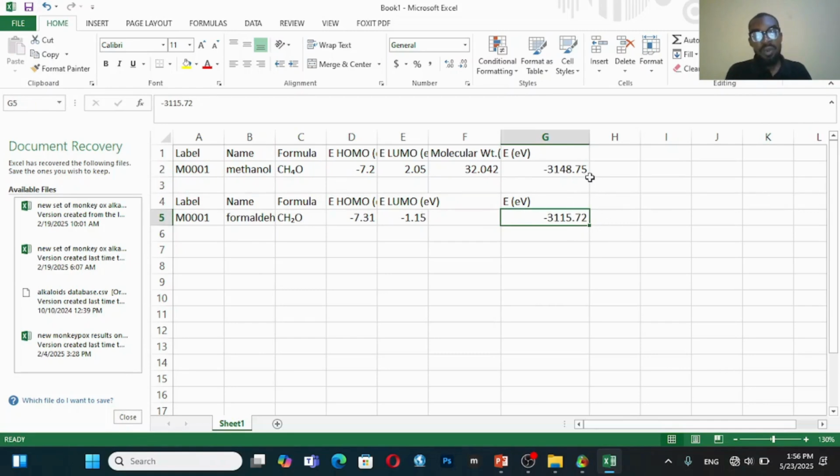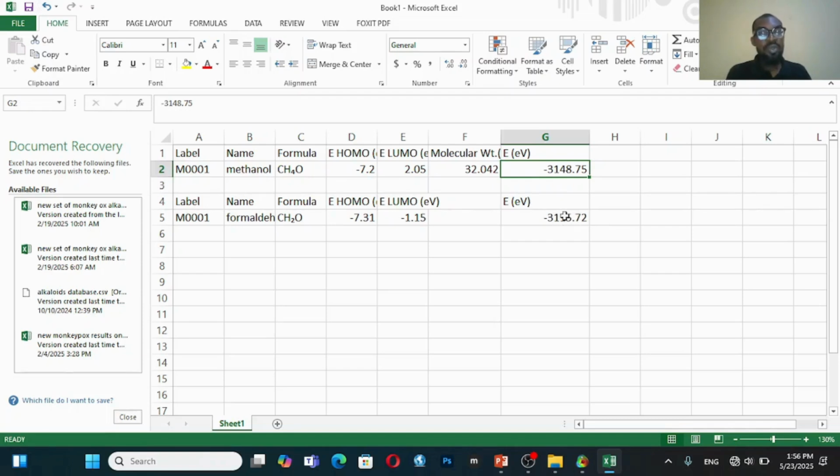Now you must have known that the more negative the energy value, the more stable that compound is likely to be. So it's likely that methanol is more stable than formaldehyde.